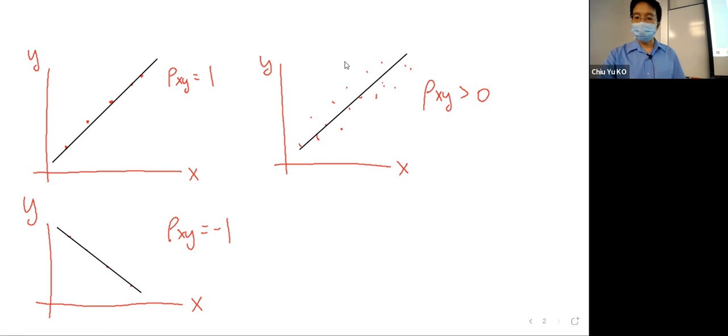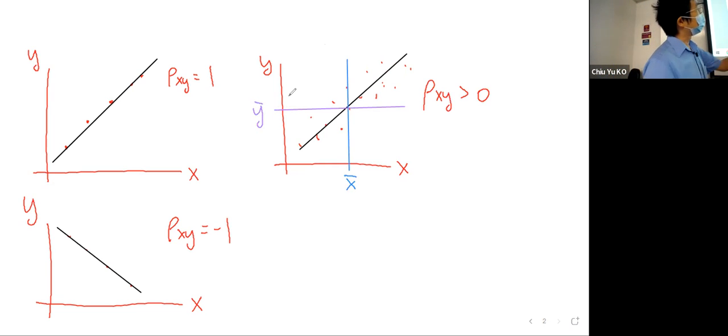Why is this the case? Because this is the X bar, and you draw this with the Y bar, and you can see when X is above its mean, Y is likely above its mean. So this is more than 0.